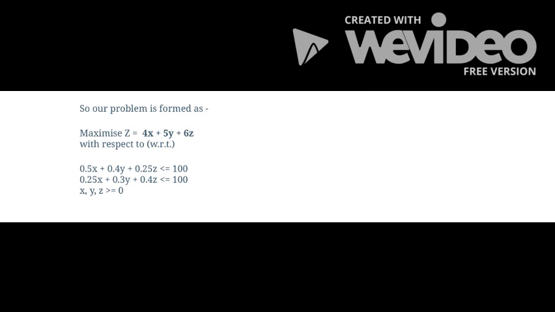So our problem is formed as we need to maximize z, that is 4x plus 5y plus 6z, with respect to the following conditions, and the conditions are 0.5x plus 0.4y plus 0.25z is less than equal to 100, 0.25x plus 0.3y plus 0.4z is less than equal to 100, and x, y and z are all more than or equal to 0.